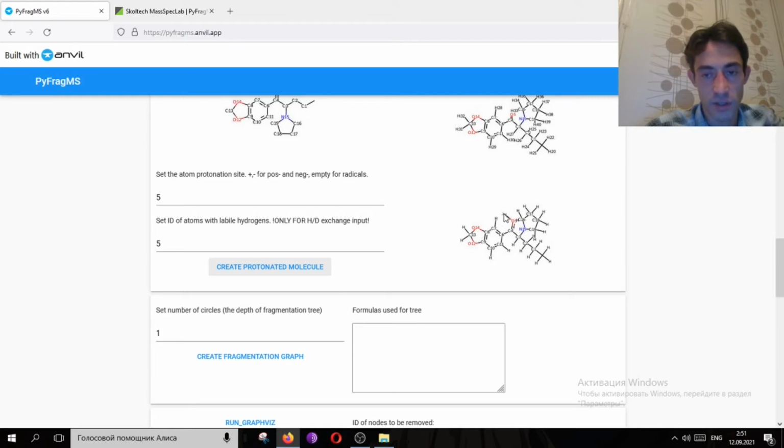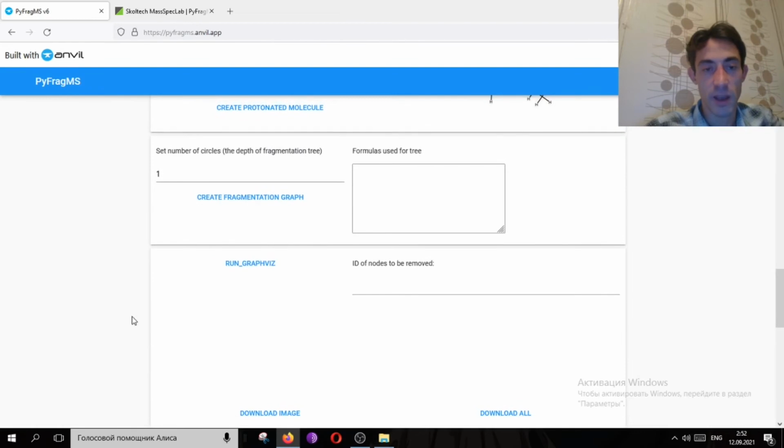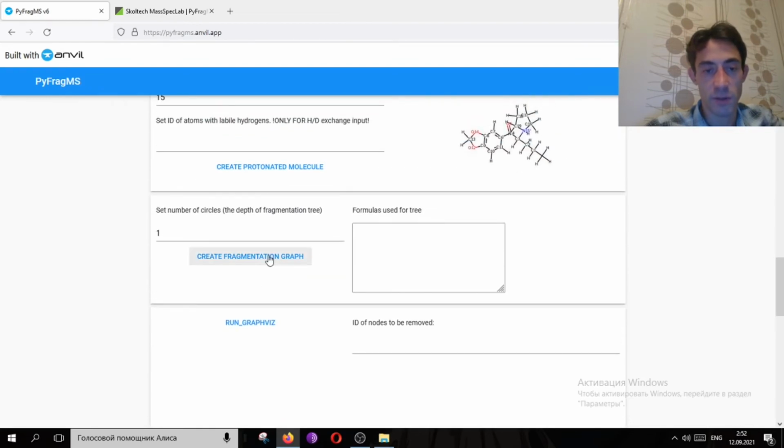You can see the two index here. Okay, but now let's forget about deuterium. Let's once again return to protonating hydrogen. So now we have created a protonated molecule. We have input MSMS spectra, and we can start building the fragmentation tree.